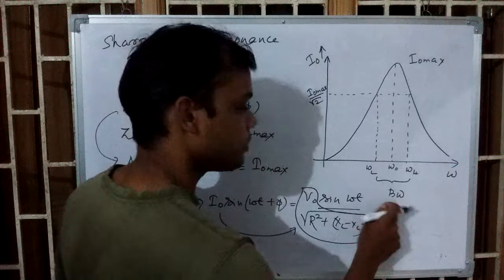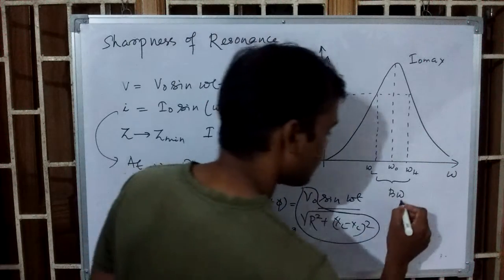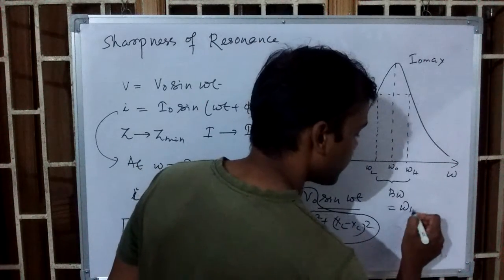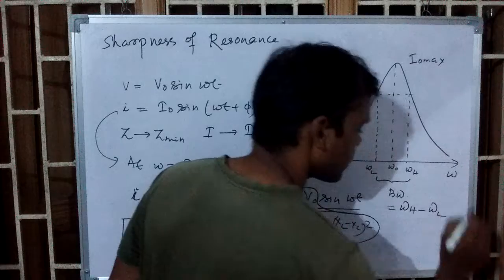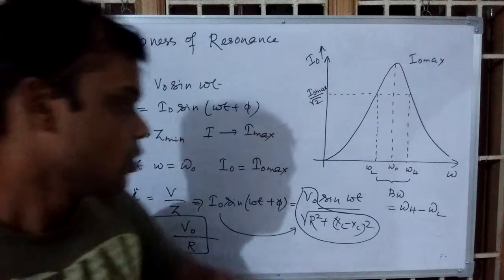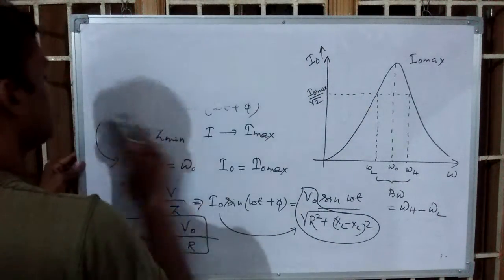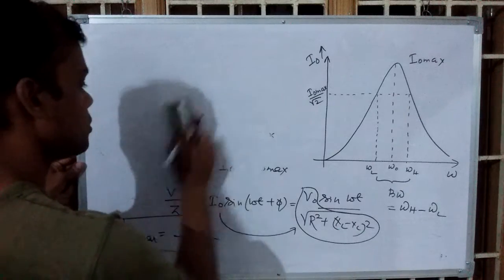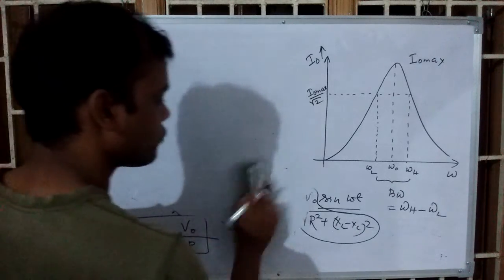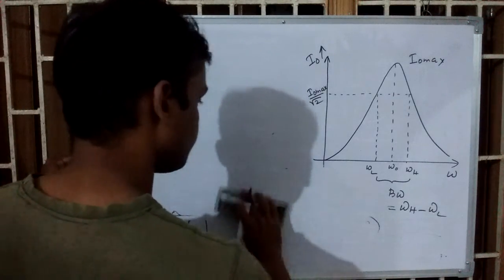BW means bandwidth, and bandwidth is equal to omega H minus omega L. Omega H is called higher cutoff frequency and omega L is called lower cutoff frequency.